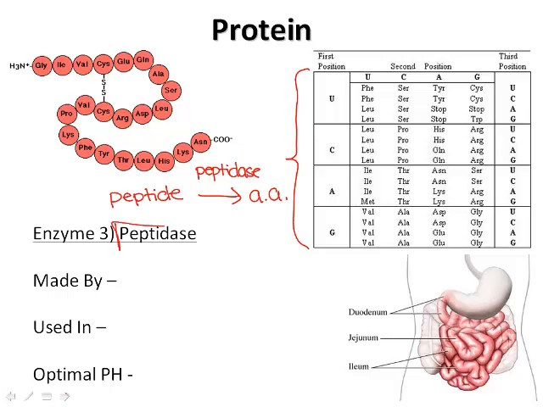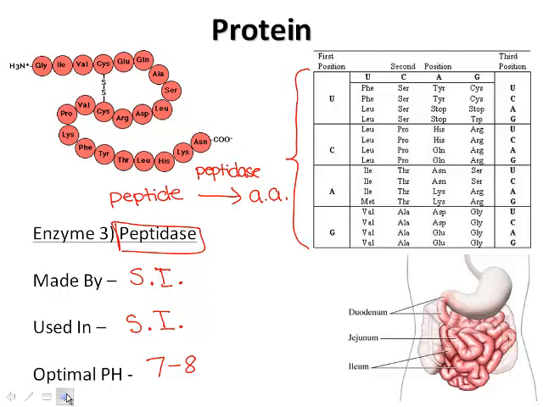Peptidase is made by the small intestine, and it's used in the small intestine. And the optimal pH of our enzyme is 7 to 8, which is the same as the small intestine.